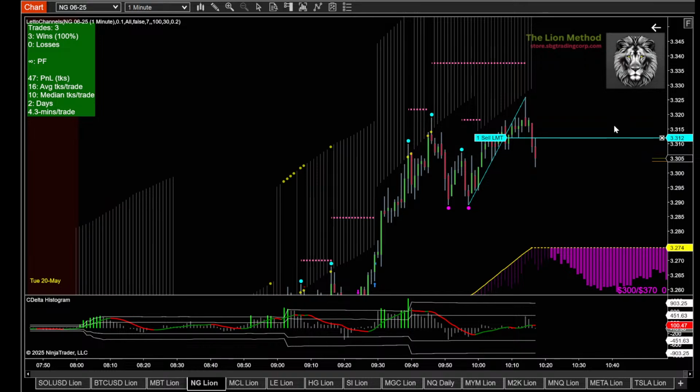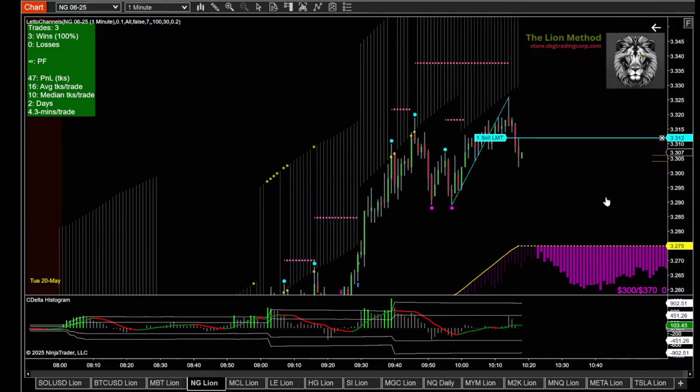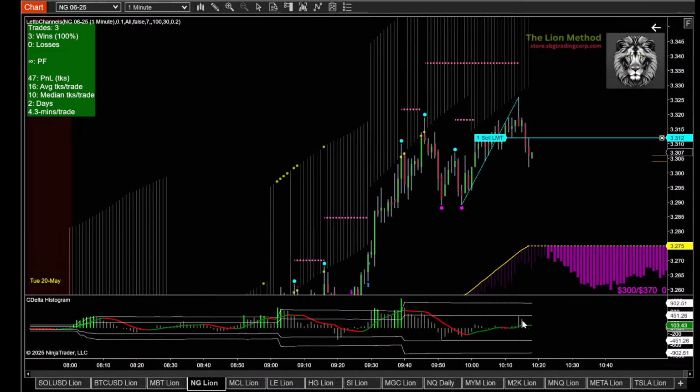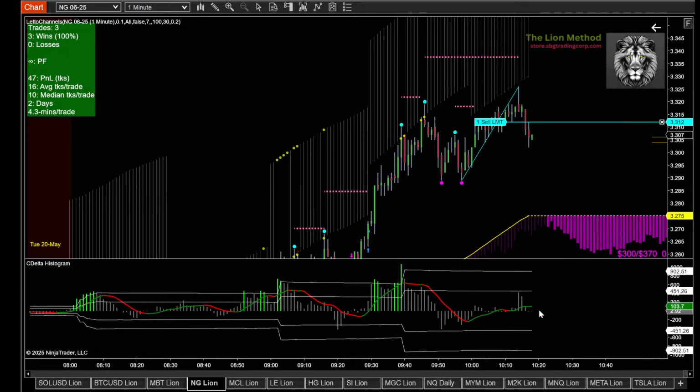If we get filled, you can see our tendency is downward. We had a bump in order flow, which has petered out. Going to risk very little on this trade.